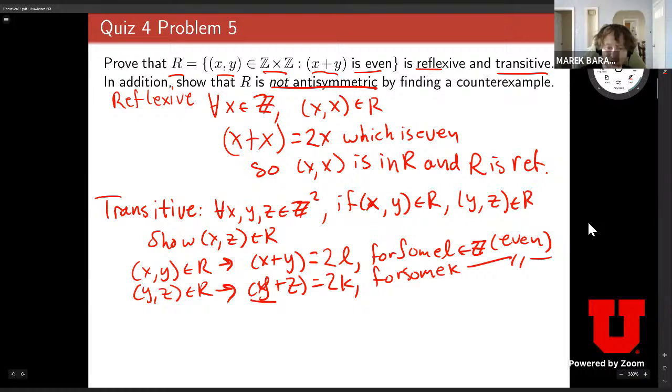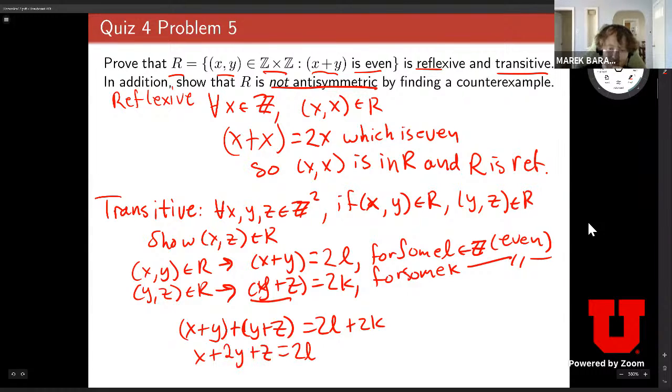Okay, so looking at these two, we can say x plus y plus y plus z equals 2l plus 2k. Then x plus 2y plus z equals 2l plus 2k. And that implies x plus z equals 2l plus 2k minus 2y.